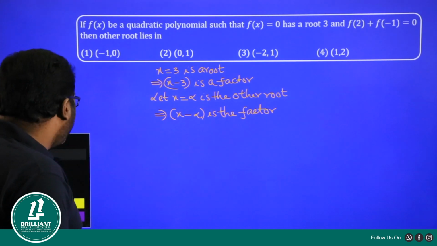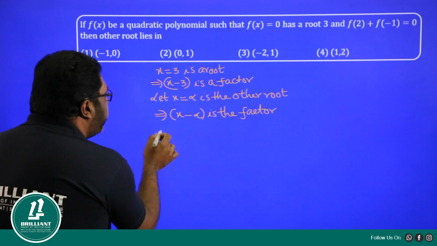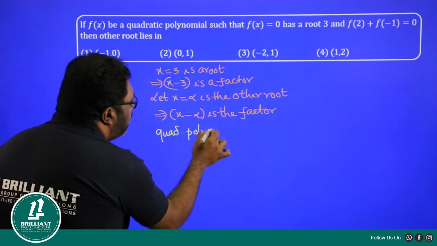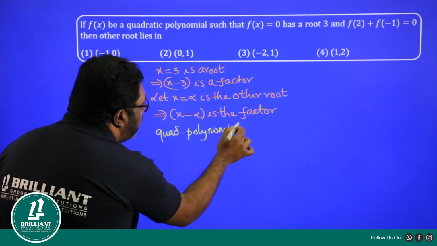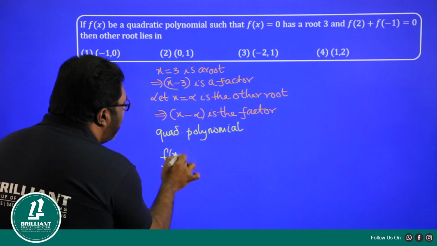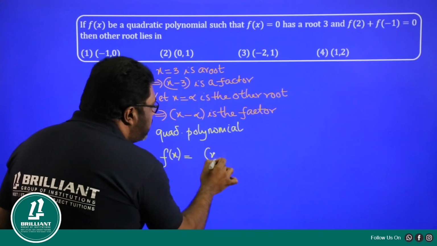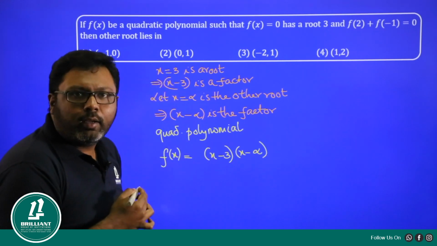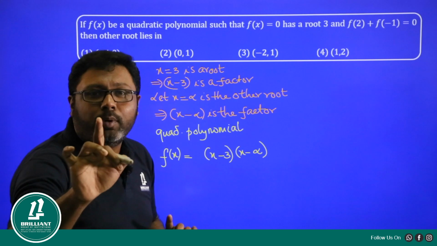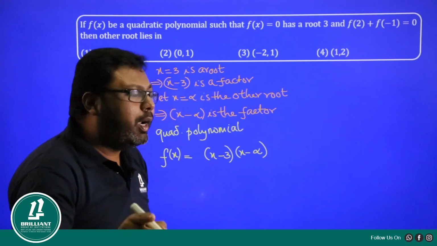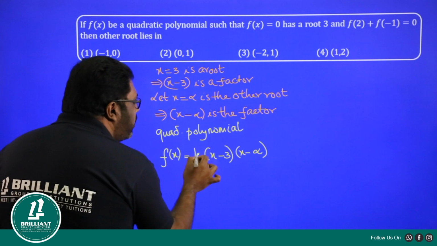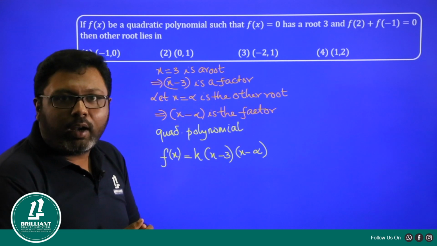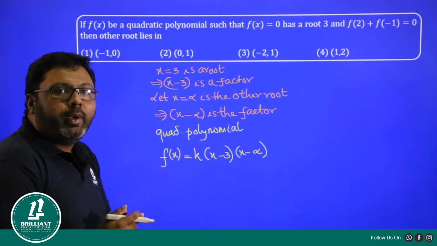In this case, how will you write the quadratic polynomial? f of x is equal to x minus 3, the first factor, x minus alpha, the second factor. But the coefficient of x squared in a quadratic polynomial is not always 1. So I'm assuming the quadratic polynomial has a coefficient of k for the term x squared. So it's k into x minus 3 into x minus alpha.